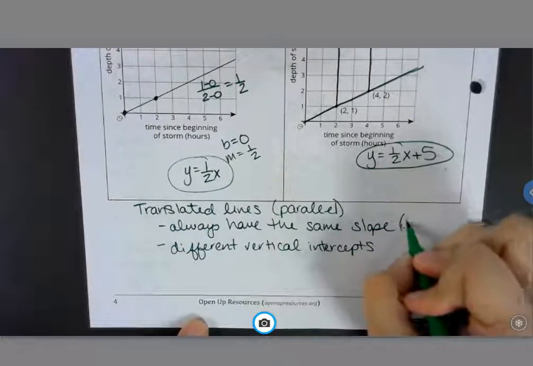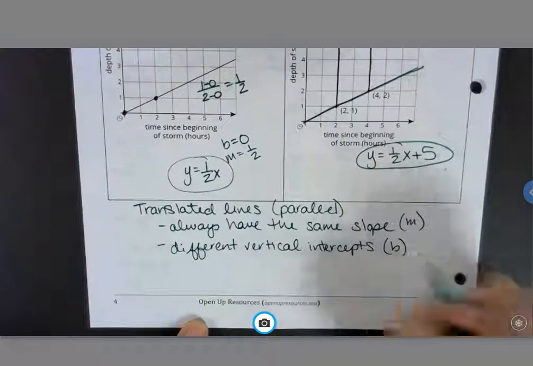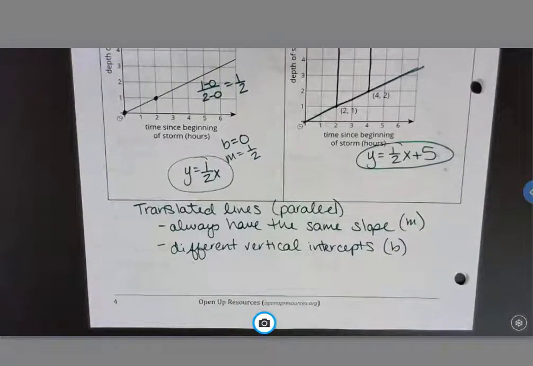So the same M values, but different B values.